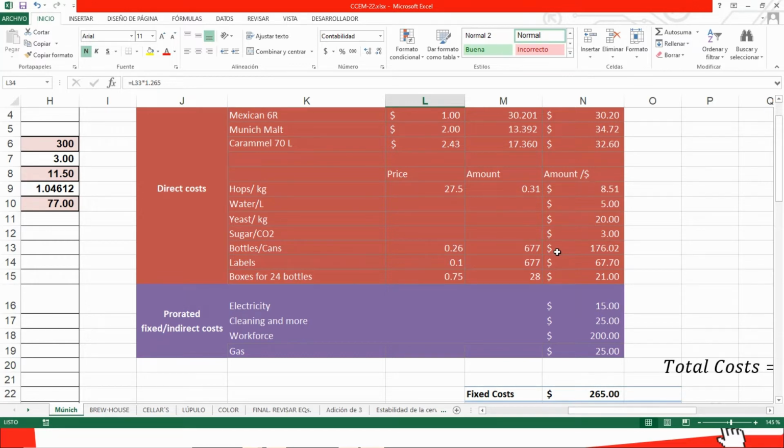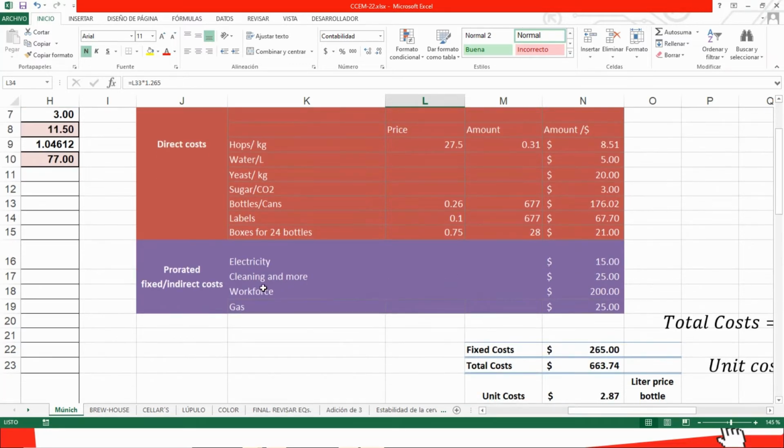And then we have the prorated fixed or indirect costs, that are the electricity, cleaning, workforce, and gas. Let me tell you that prorated means that it is only one part of an entire production. In this case, it's for only one batch, and that is the way these are the prorated numbers for only one batch.